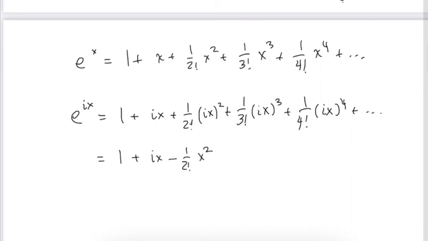So you get -1 over 2 factorial x squared. Plus, okay, i cubed. Actually, it's not going to be plus, because i cubed, I said before, is minus i. So this will say minus i times 1 over 3 factorial x cubed. The next one will be i to the 4, which is 1. So this is just plus 1 over 4 factorial x to the 4.